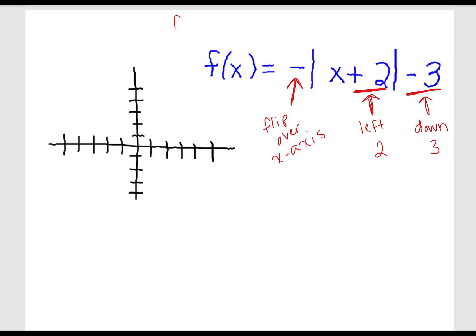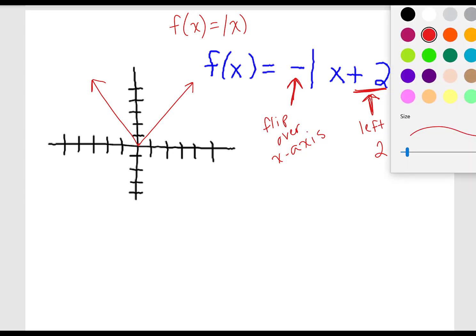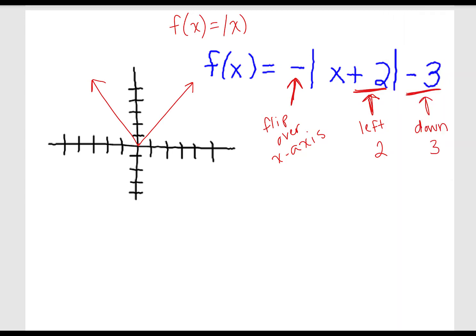If I had f of x equals absolute value of x, I would have something along the lines of this. But now we have a downward shift of 3, a leftward shift of 2, and then we're flipping it over the x-axis.